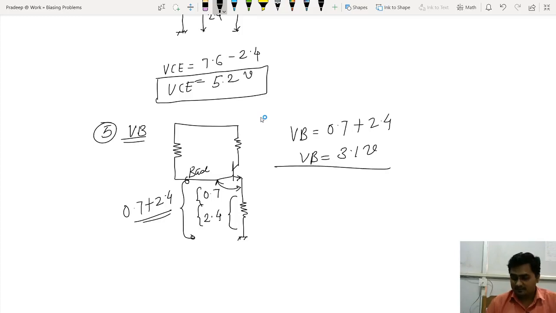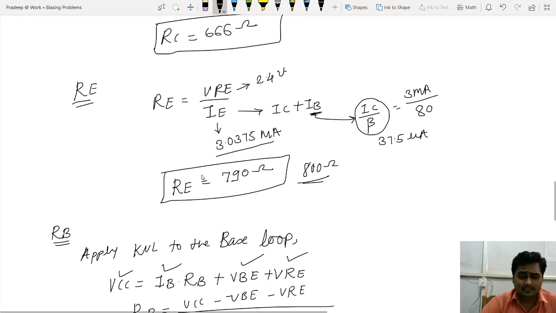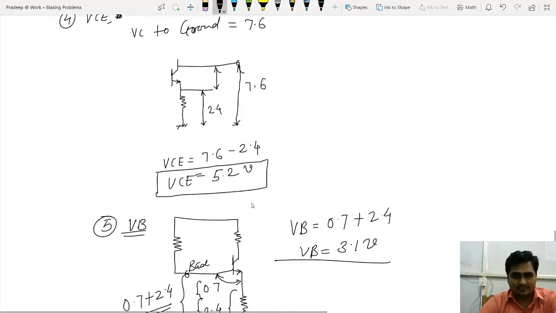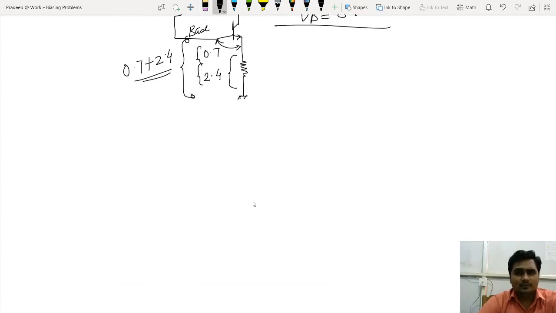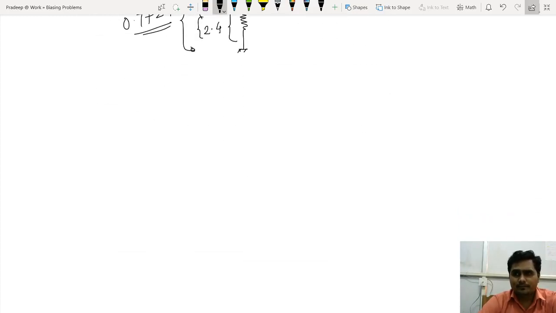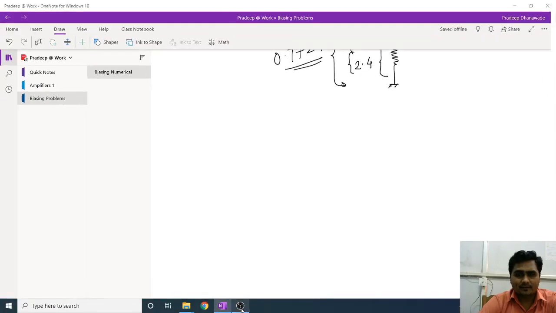Something went wrong with the pen, we need to fix it. So this is about emitter bias. Now collector to base bias and voltage divider bias, right? The next biasing circuit is collector to base bias. We will solve a numerical for collector to base bias.